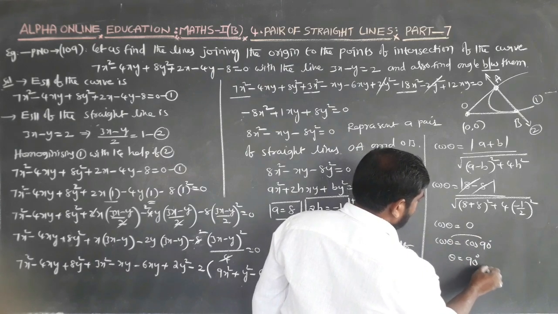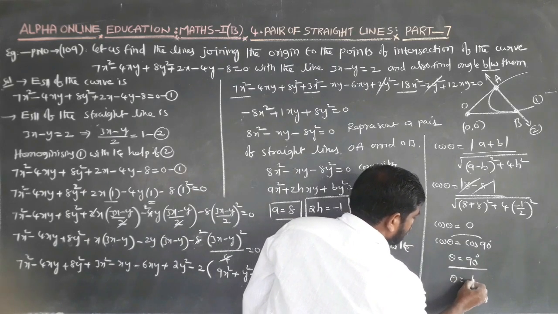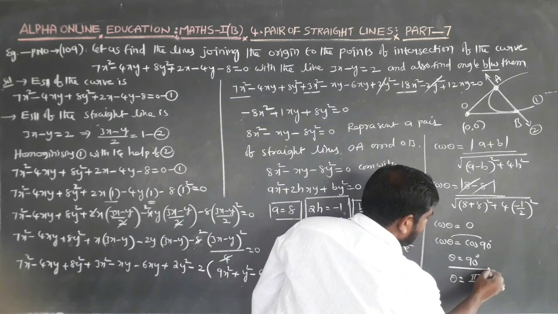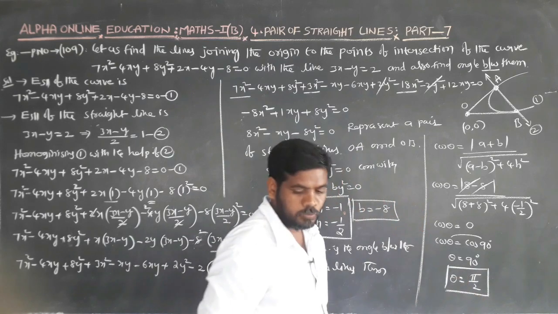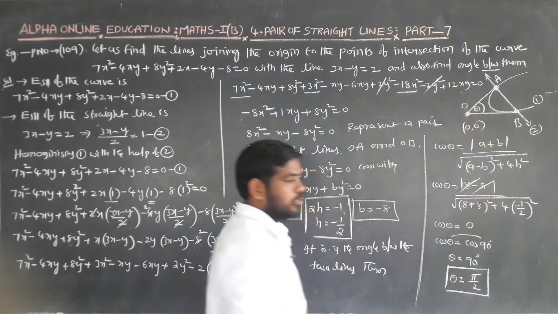So θ = 90°. The angle between the two lines is 90° or π/2 radians.